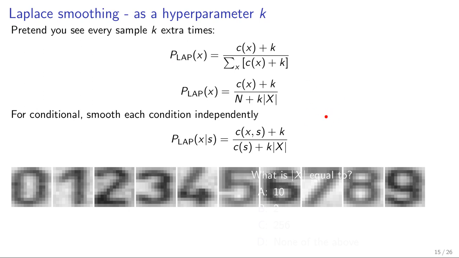But what if you overdo it, just for the sake of example? What if you use a big K, and n is much smaller than K times the cardinality of X? If you choose a big K, what are you doing to the probability distribution of X?